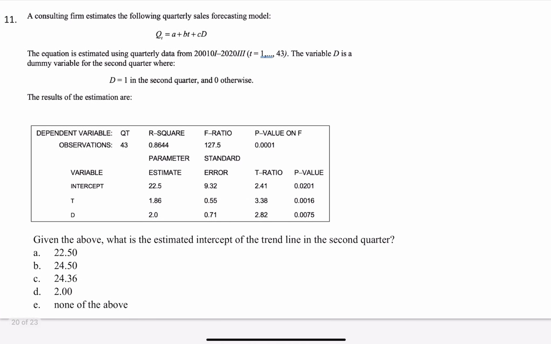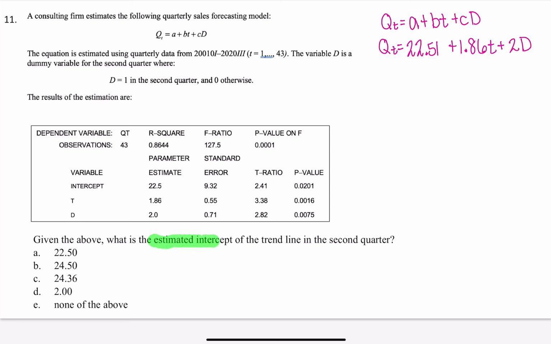Question 11. Says what is the estimated intercept of the trend line in the second quarter? So if we are going to have the second quarter, that means that this is going to be 2 times 1. And everything else is going to stay the same.